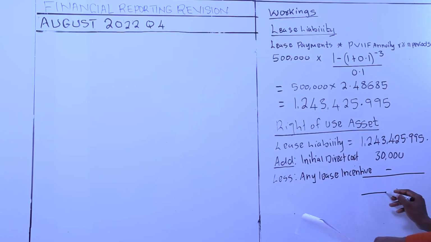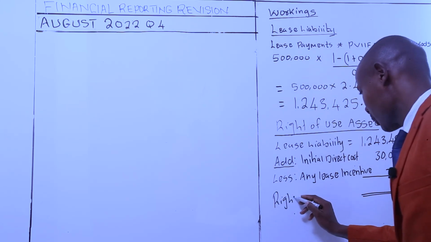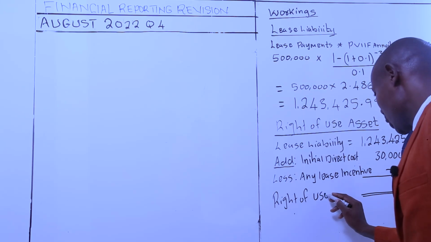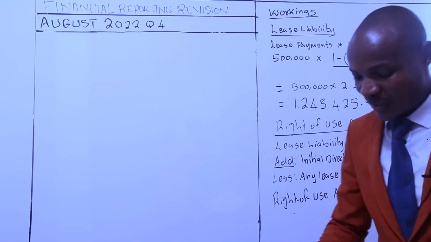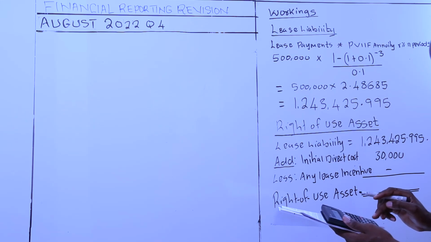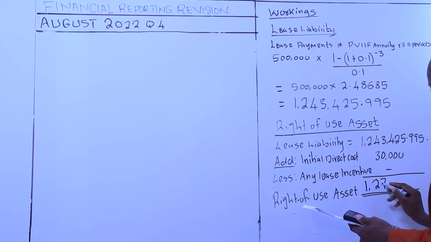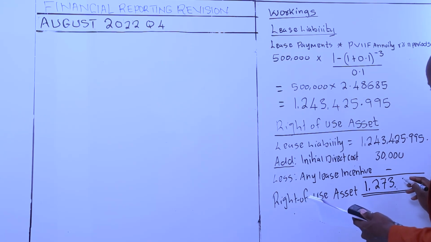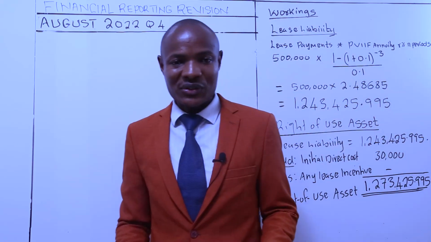The cost of the right of use asset will be what you have plus 30,000, and your right of use asset is 1,273,425.995. That is the value of our right of use asset.